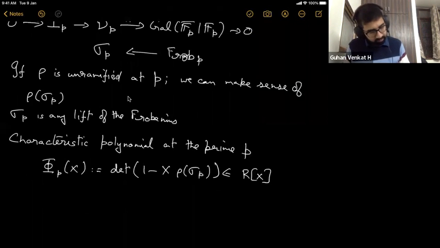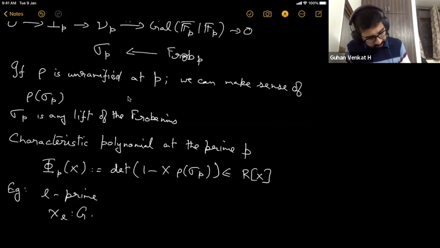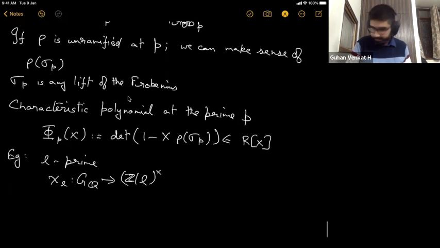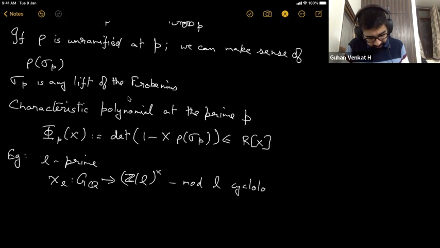A quick example: say ℓ is a prime, and you take χ_ℓ to be the mod ℓ cyclotomic character. Again, because I'm short of time, I won't define this, but it's very easy to define.